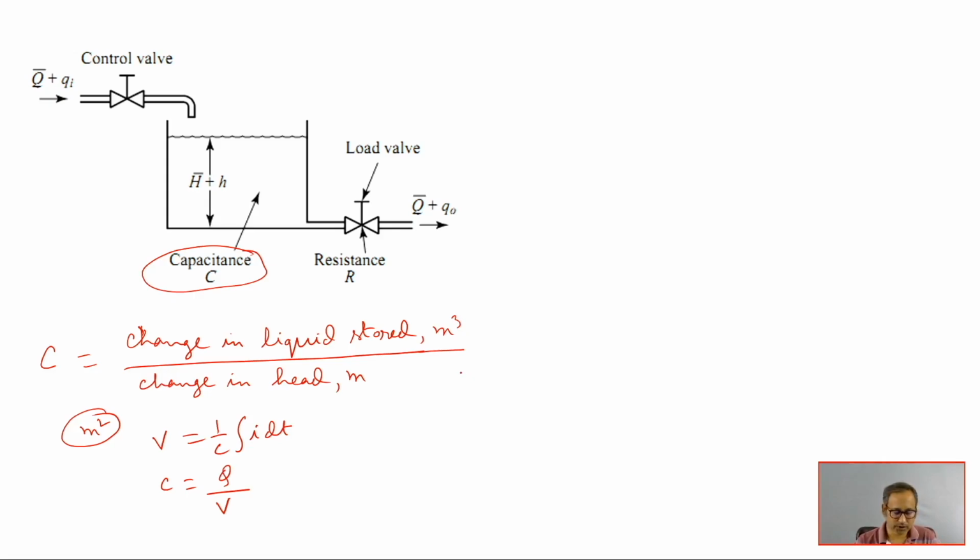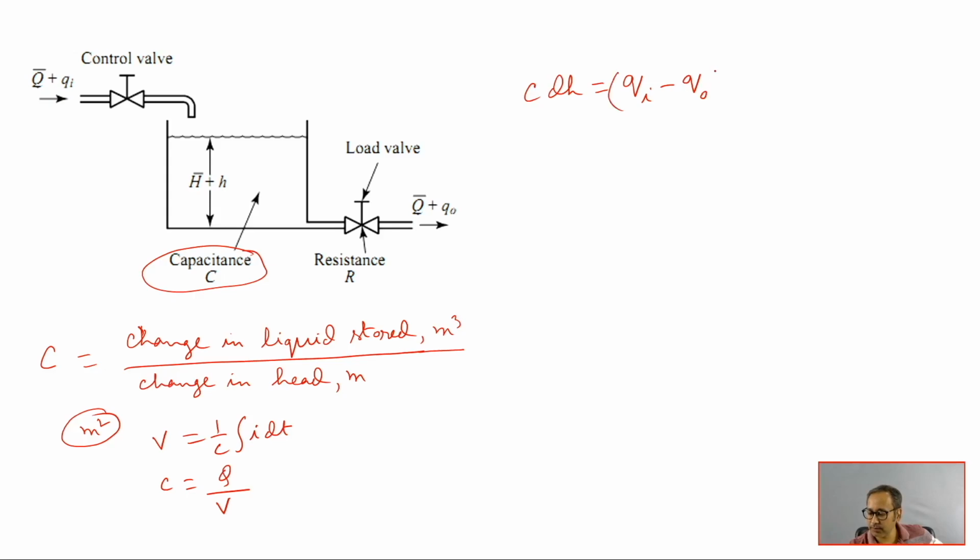Now from this particular definition you can write C dH equal to QI minus QO, where dH is the change in the head, QI is the inflow rate and QO is the outflow rate.